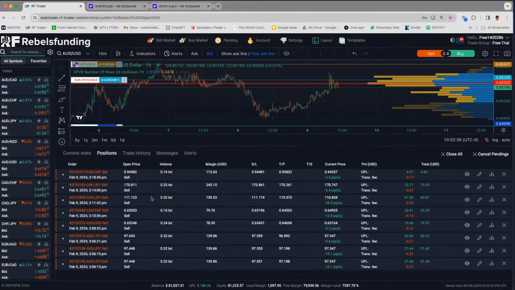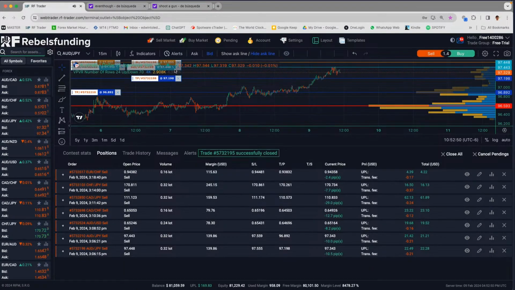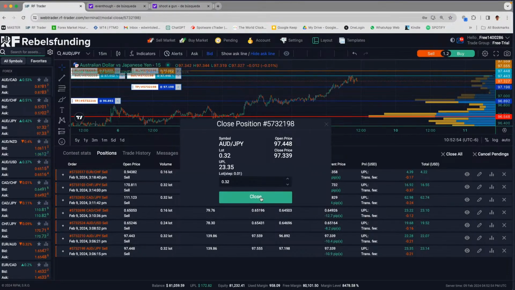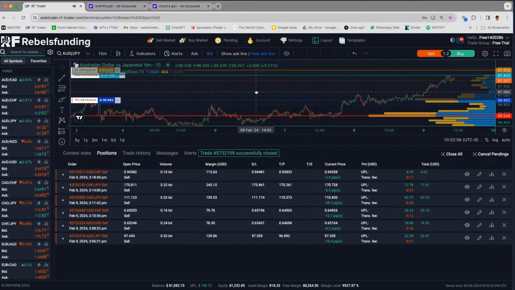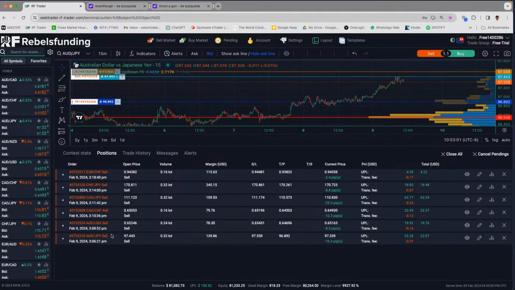So AUD Yen, we're going to take this back, and this back, and we are going to let that one stay open. So now we have one, two, three, four, five, six. Those are six trades open.